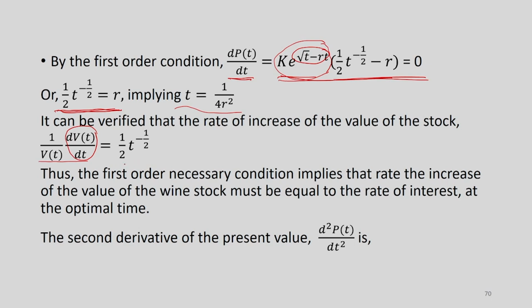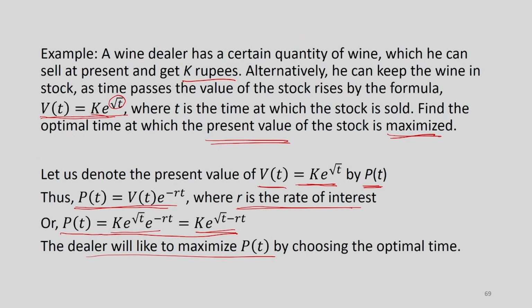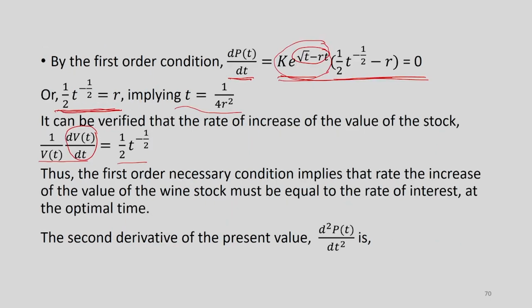It can be verified that this is equal to half of t to the power minus half, and this can be seen from the formula itself. What was Vt? This is Vt. If you take the derivative with respect to t and divide it by Vt itself, you get half of t to the power minus half. So, this is the rate of increase of the value of the stock, the rate of increase of Vt.